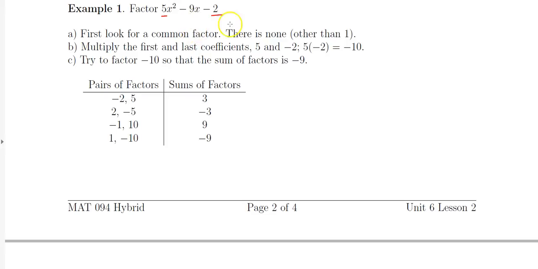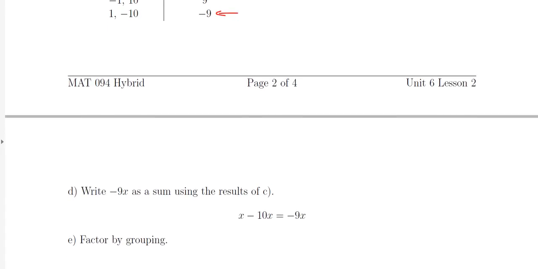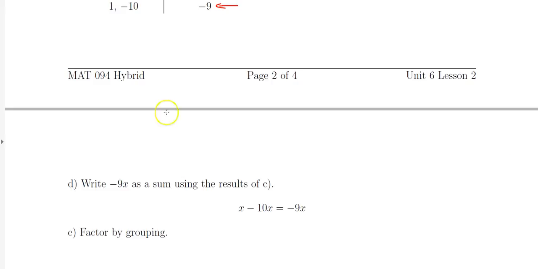And I want to look for factors of negative 10 where the sum is negative 9. I see that if I factor negative 10 as 1 times negative 10, and I add those factors together, 1 plus negative 10 is negative 9. So this combination of factors is going to give that to us. So we can write negative 9x as x minus 10x and factor by grouping.